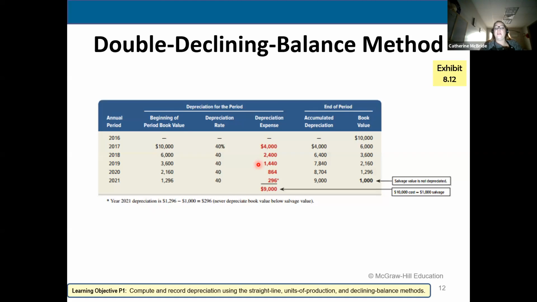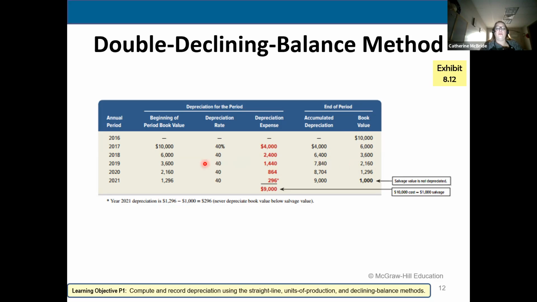Our accumulated depreciation is the $6,400 plus this year's $1,440, which gives us $7,840. Our book value is our cost, $10,000, minus the $7,840. Our book value is $2,160.